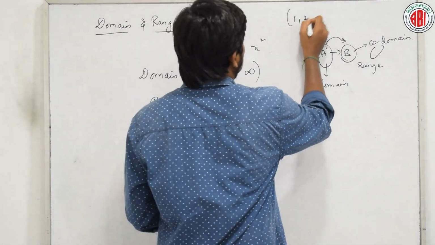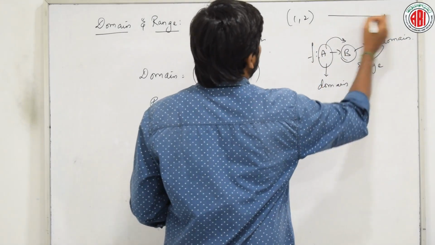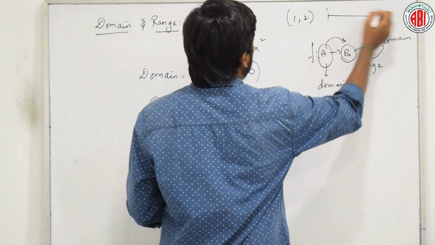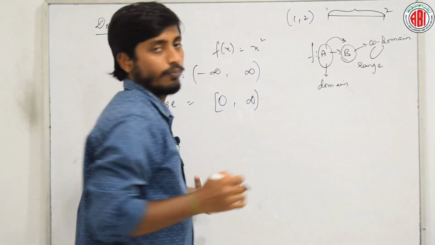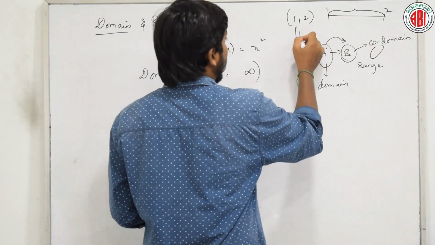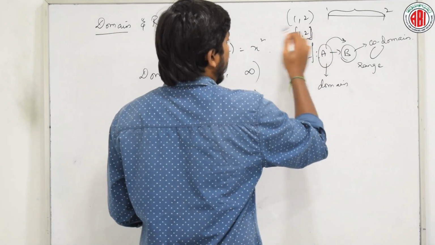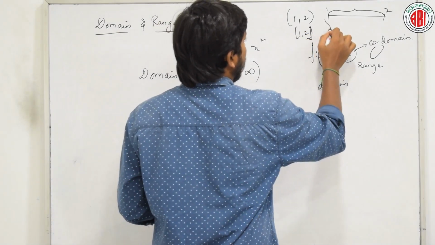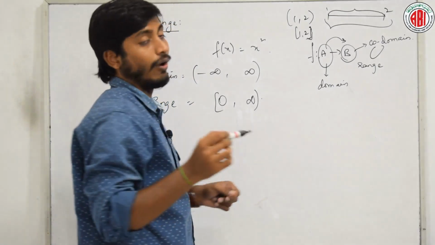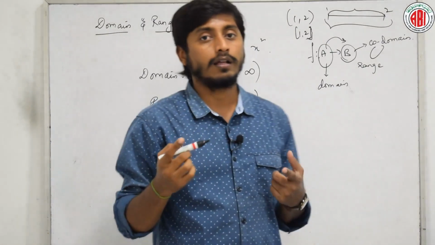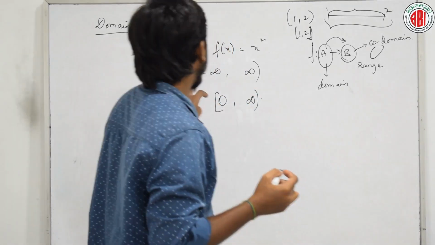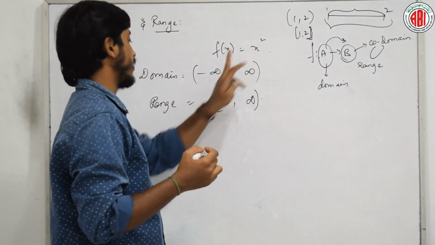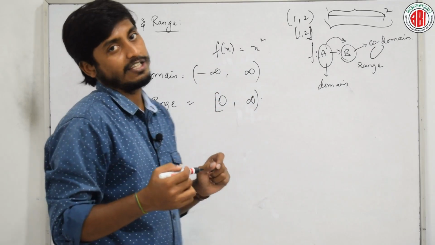If it is (1, 2) with open brackets, it ranges from 1 to 2 excluding 1 and 2. What if both are closed brackets, [1, 2]? Then it includes 1 and 2 also. It's clear till this point, right? Fine. So I can tell this as the domain of this function and this as the range.